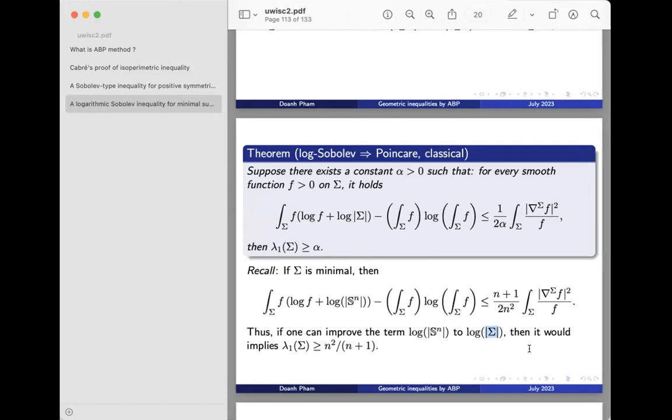What is the role of S^n in the proof? Well, S^n is convenient because it is flat enough so that the normal bundle could cover the larger sphere very nicely. But if you replace S^n by sigma, then the normal bundle may have some intersection.